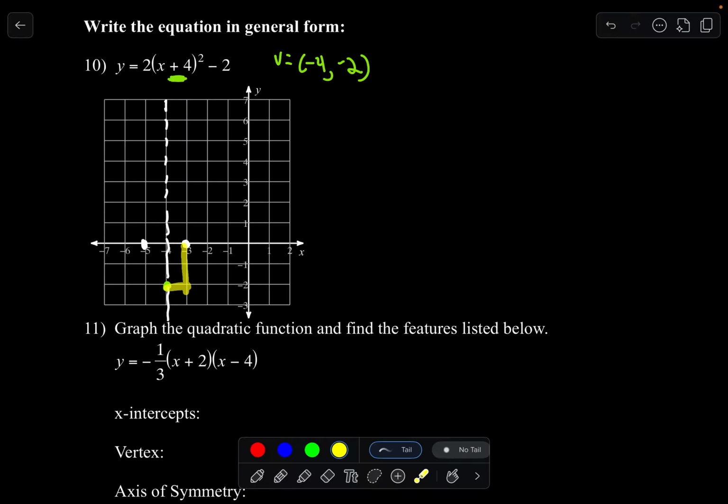We go over 2, 1, 2. 2 squared is 4, multiplied by the stretching factor of 2, we go up 8: 1, 2, 3, 4, 5, 6, 7, 8. And we end up right there. So that point is right there. Likewise, I have a point over here, and here's our graph.